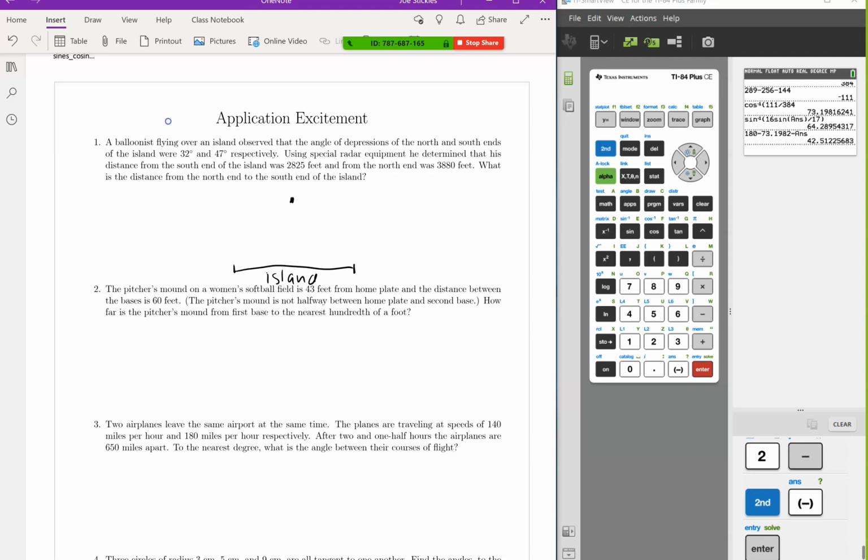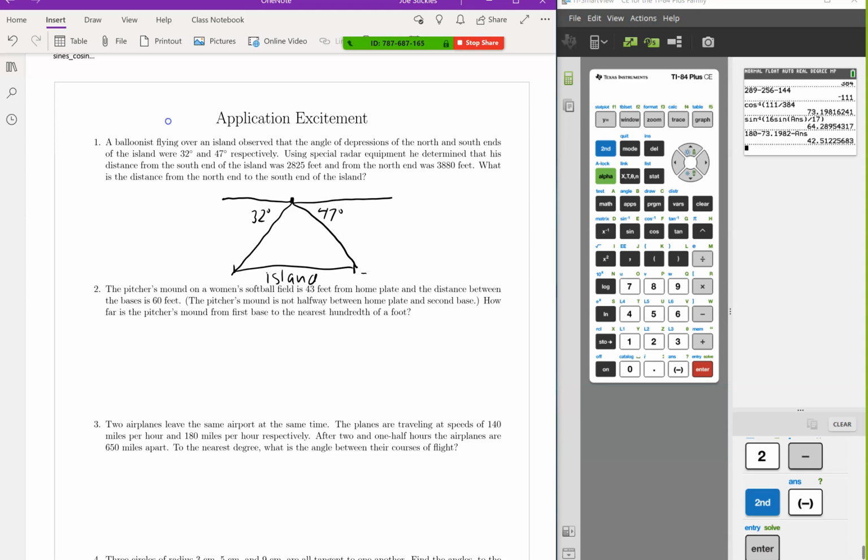Okay, so we've got an angle of depression to the, let's say this is the north side. It says the angle of depression to the north side is 32 degrees. Remember, angle of depression is if you're going out from the horizontal and looking down. And it says the angle of depression to the south side is 47, that way. And also determine that the distances to the south and the north from where the balloonist was were those numbers here.